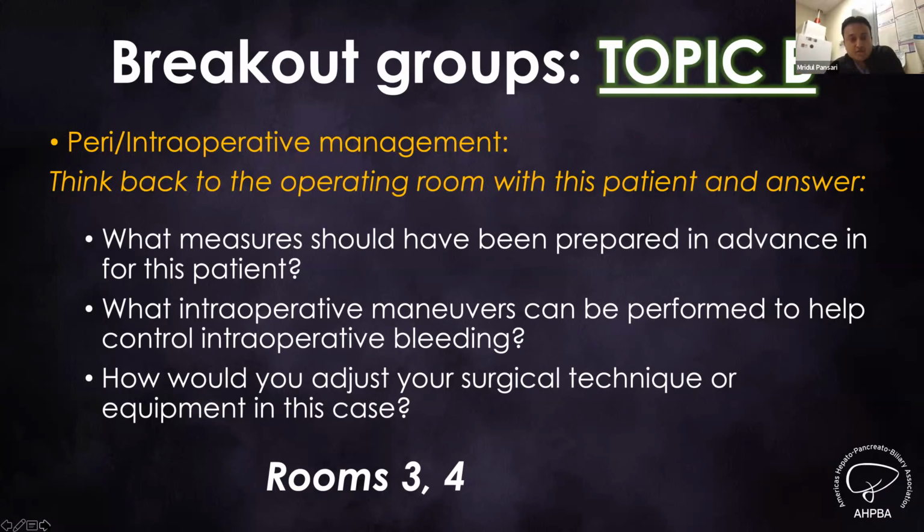I can start. So we discussed in our room, for the first question, what measures should have been prepared in advance for this patient? So we discussed preoperatively putting in a central line and then monitoring the CVP, keeping the CVP low case-wise.